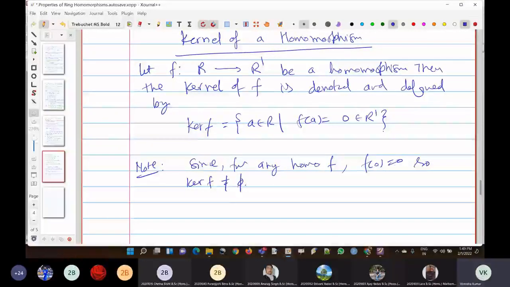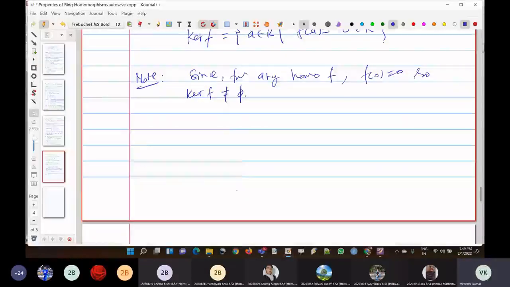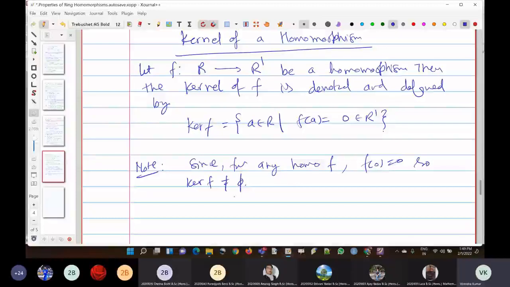Now one question is whether or not this is a subring. As we talked about in group theory that the kernel should be a subgroup, the natural question is whether this kernel is a subring of R or not.